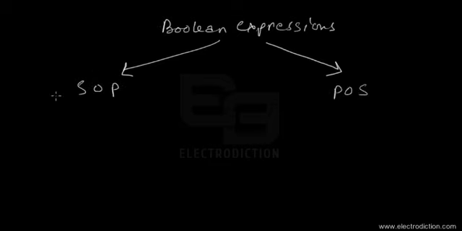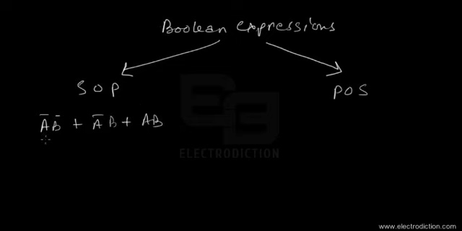SOP stands for sum of products, while POS stands for product of sums. Let's say we have an expression that looks something like a bar b bar plus a bar b, and then again we have ab.